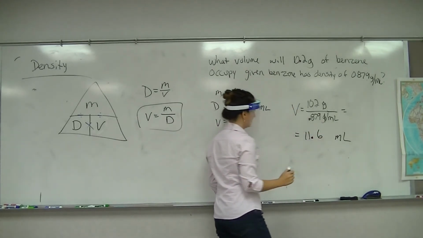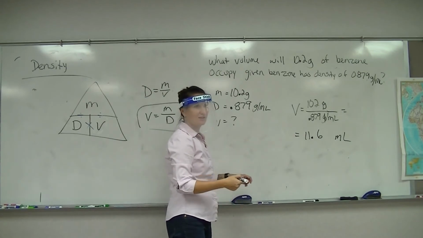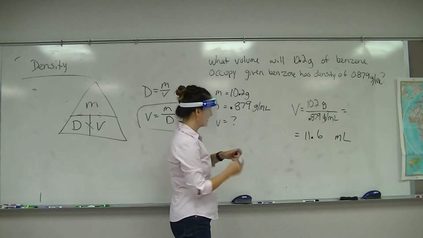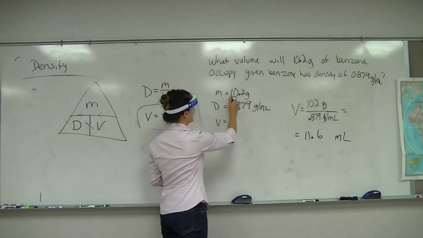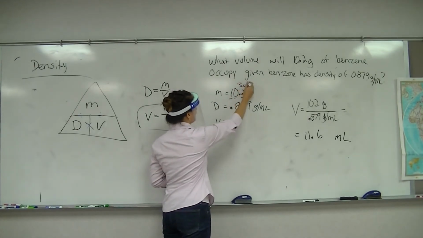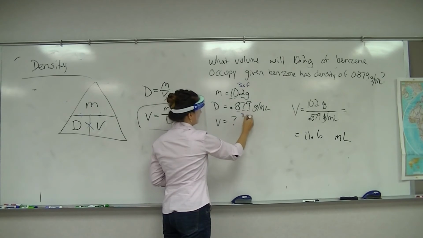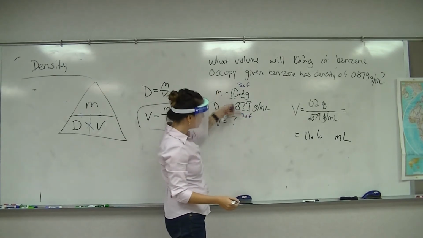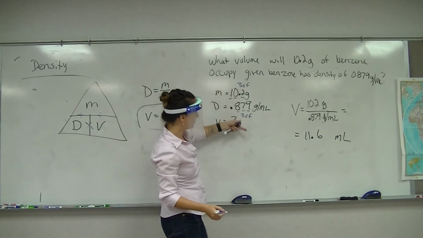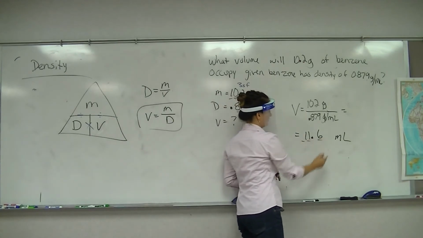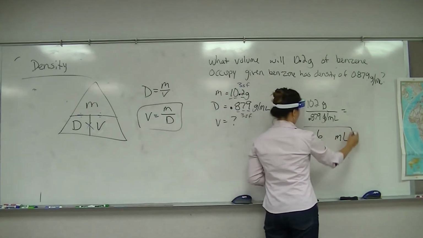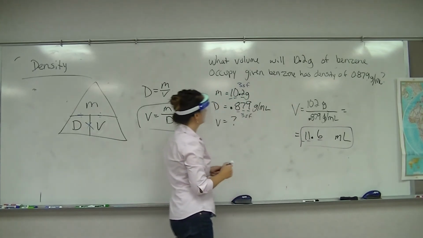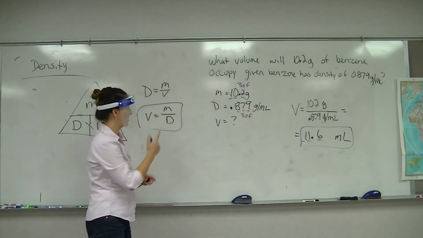And that is the correct sig figs, because you're looking at the original numbers. We have 3 sig figs here and 3 here. You usually pick the smallest, but since they're both 3, we want 3 in our answer. So 11.6 milliliters will be the volume of that 10.2 grams.